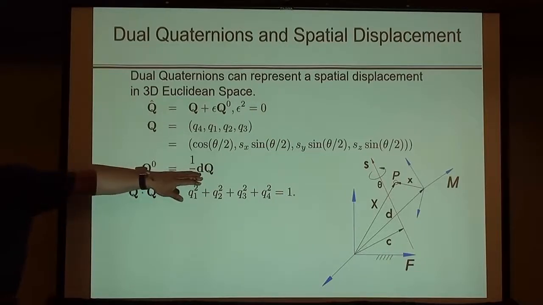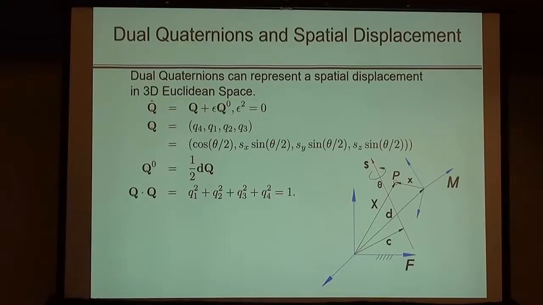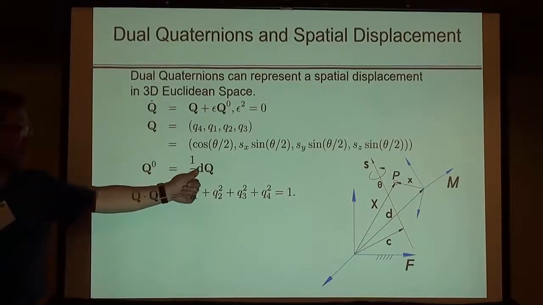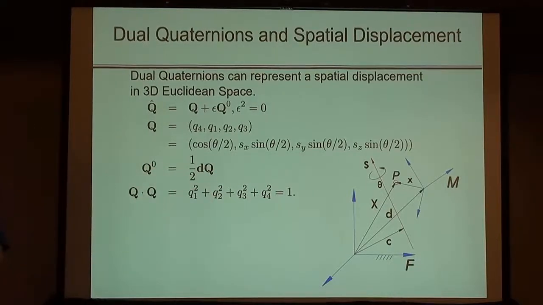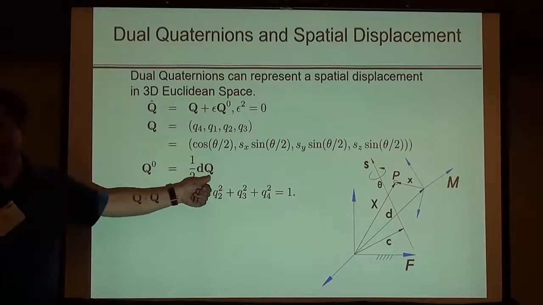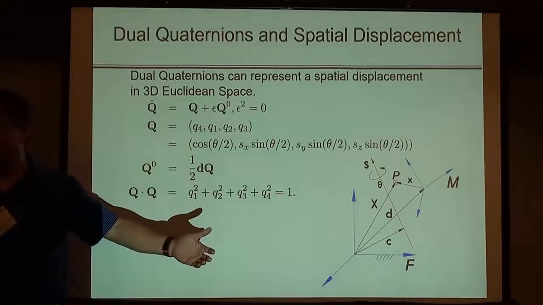This is a four-dimensional version of Plücker coordinates, basically. Okay? This is D times Q, like C cross U, where U is a unit vector, C is a point on the line. But this is in terms of quaternion product.